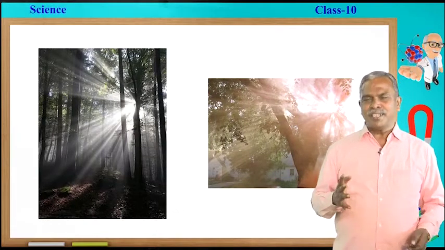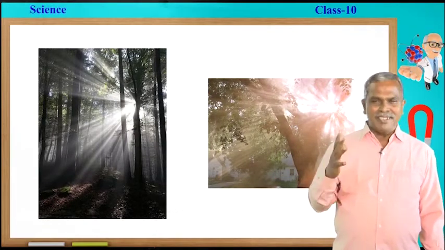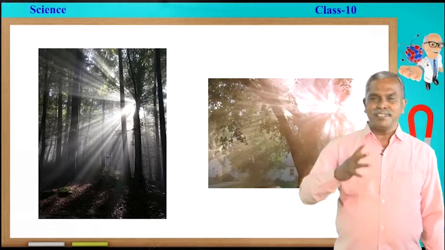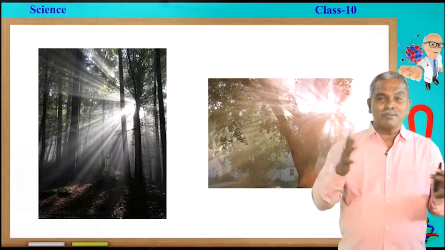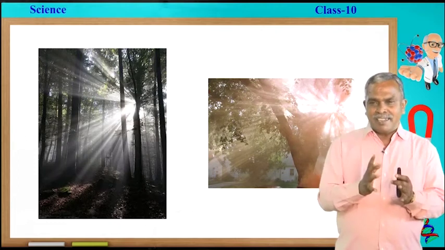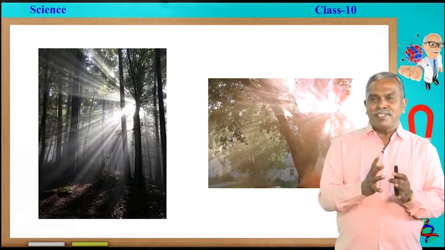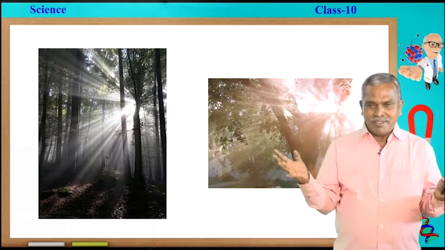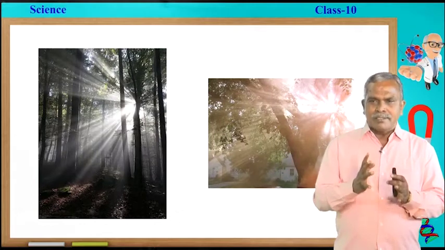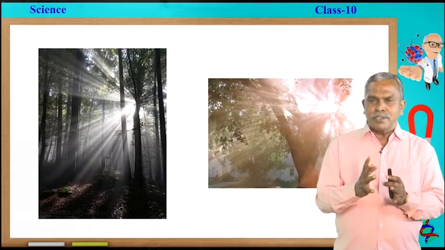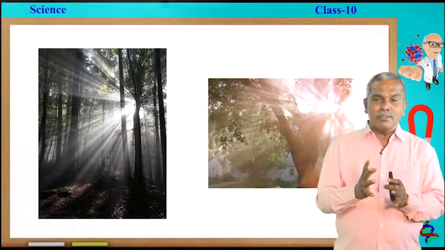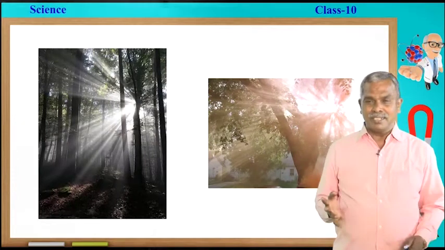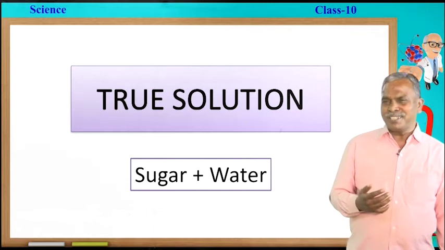So, in this way the scattering of light mainly depends upon the size of the particles. If it is large, the longer wavelength is going to be scattered effectively. If it is small, the range of the smaller wavelength is going to scatter effectively. Okay. Let us proceed further.